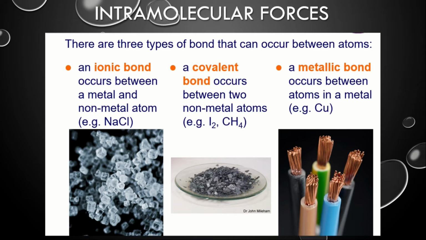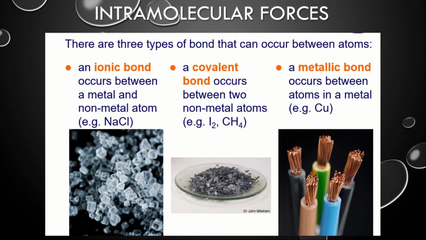Now let's go to covalent bond. Covalent bond occurs between two non-metal atoms. So, kapag nagsama ang dalawang non-metal, covalent bond ang maform. It could either be a polar covalent bond or non-polar covalent bond. Paano natin malalaman? We have already discussed this. Titignan natin yung kanilang difference in electronegativity.